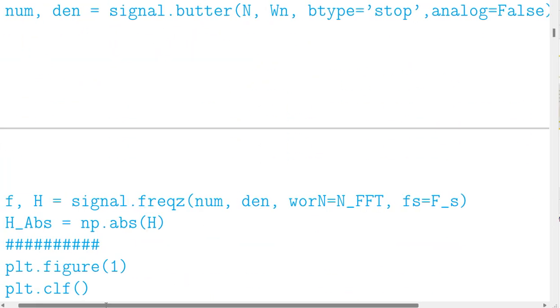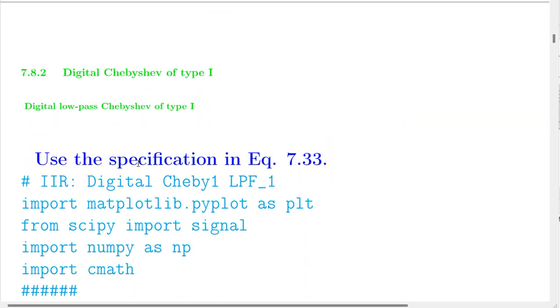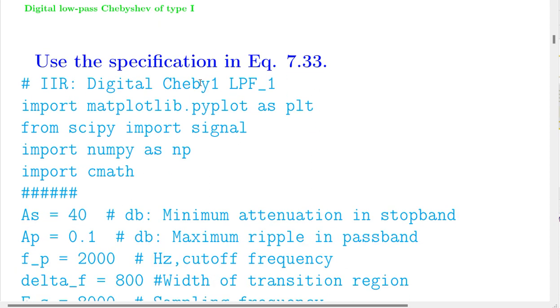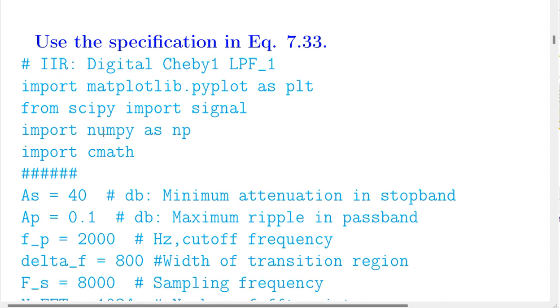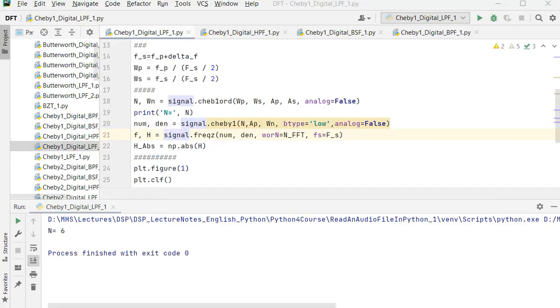Now, continuing the discussion, this time Chebyshev of type 1, okay? Chebyshev of type 1. Now, without running the program, no, just I'll run one of them, okay?